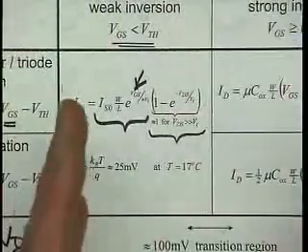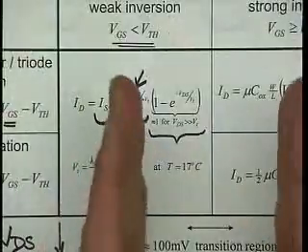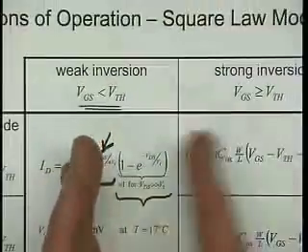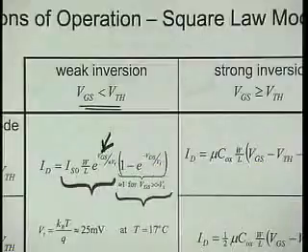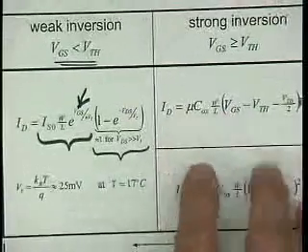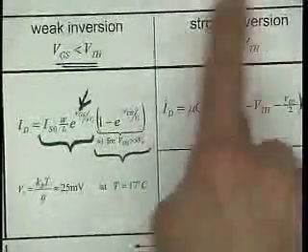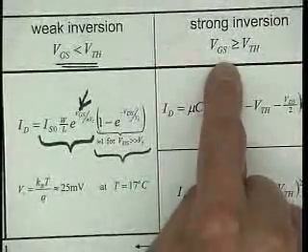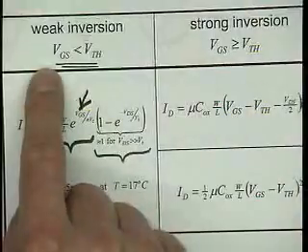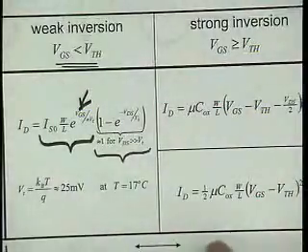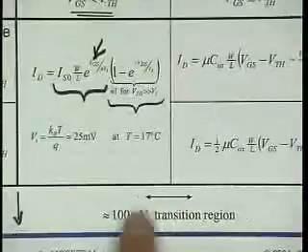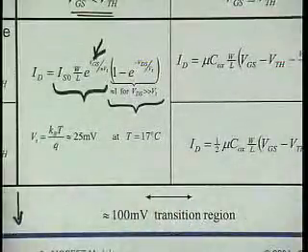Transistors are reasonably described by these different regions of operation, but of course it's unphysical to think that the transistor is in strong inversion and then we change VGS by 1 microvolt and suddenly it's in weak inversion and behaves totally different. In reality there is some transition region. Actually it's hundreds of millivolts. We'll see that later.